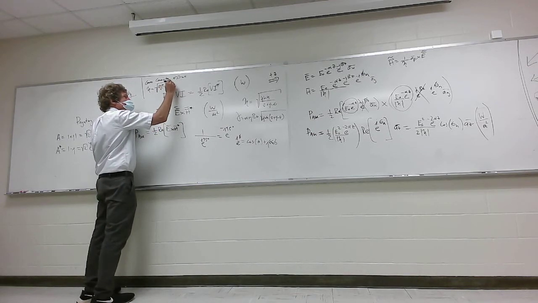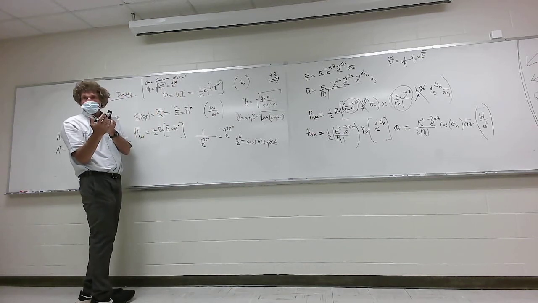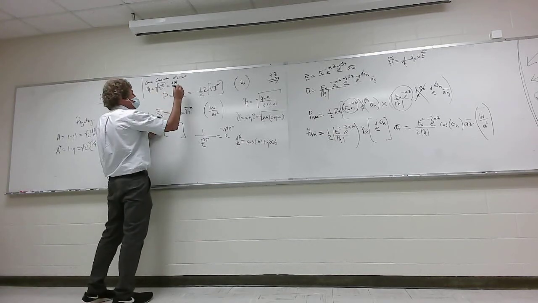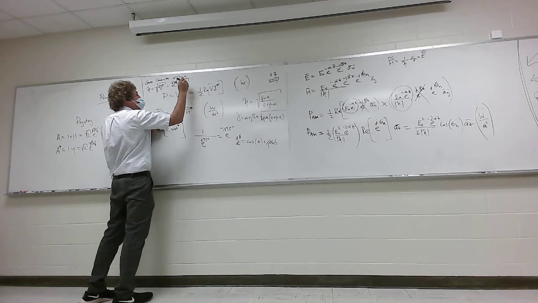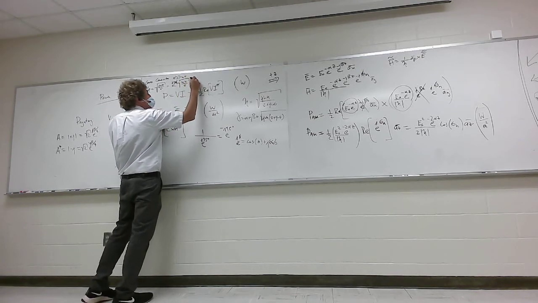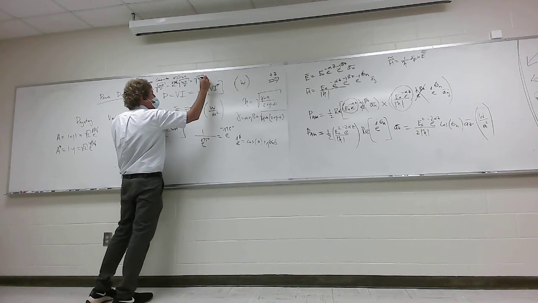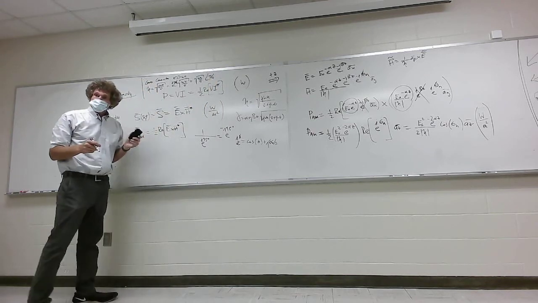That's e to the j pi over 4 radians, or 45 degrees, isn't it? See, that's the square root of j right there. And then it would be times the square root of omega mu over sigma. So this could be rendered as the square root of omega mu over sigma, right? And then it would be at an angle of pi over 4 radians or 45 degrees. Do y'all see that?